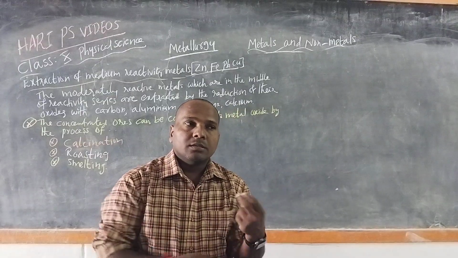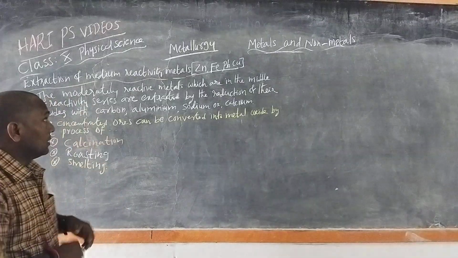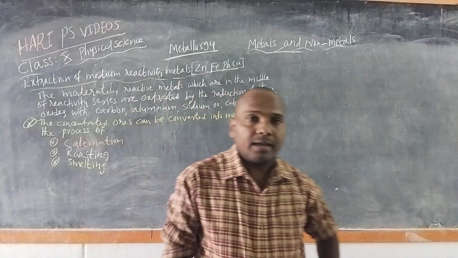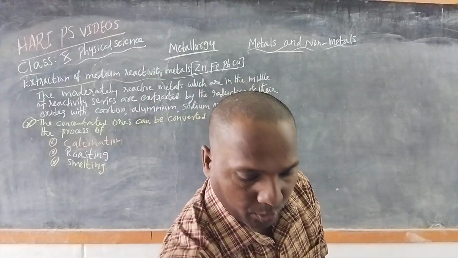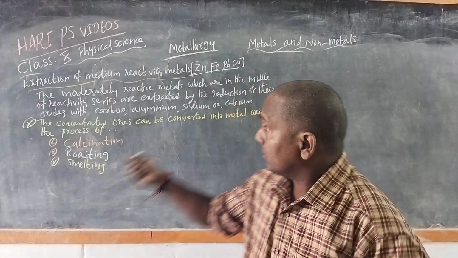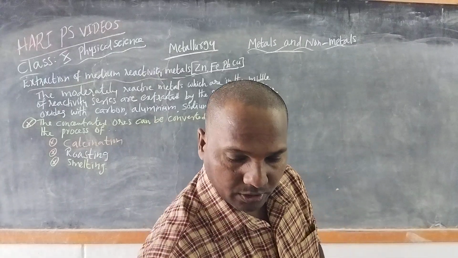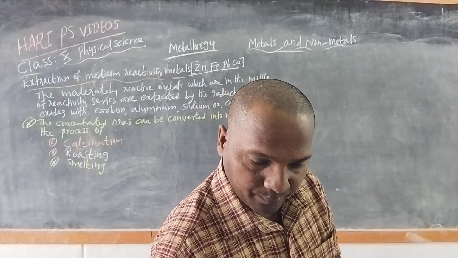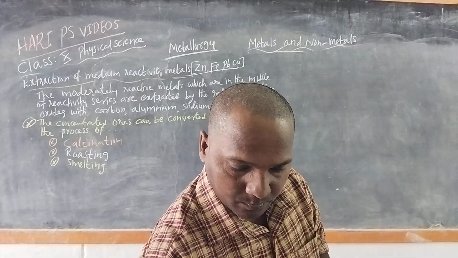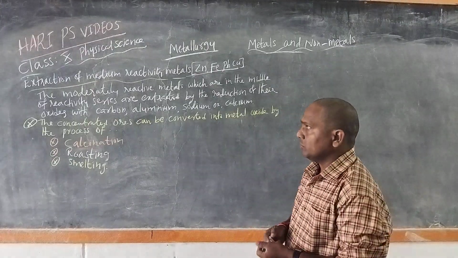Then coming to the second category of metals, the extraction of medium reactivity, or moderately reactive, metals. The moderately reactive metals are zinc, iron, lead and copper. How are these moderately reactive metals extracted from their respective ores?